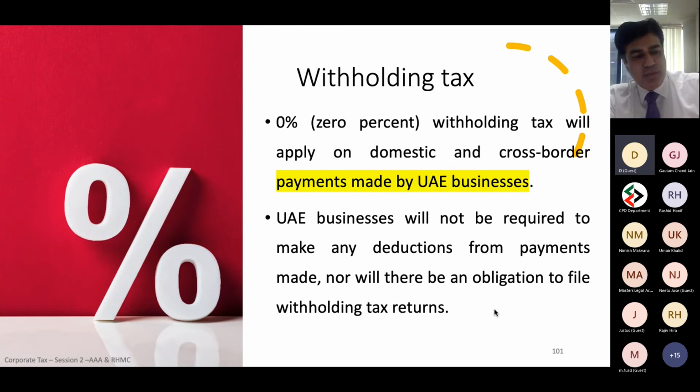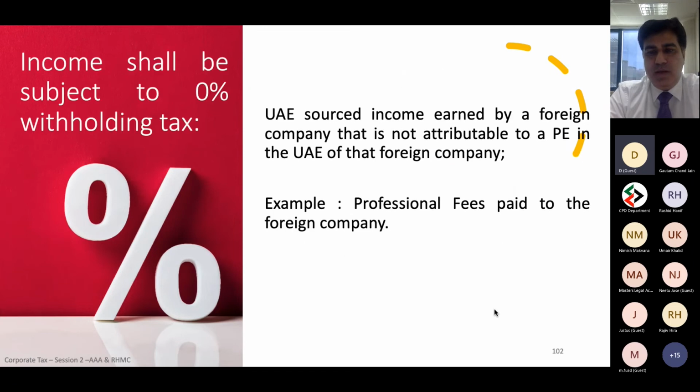In the previous Q&A, it was stated that withholding tax will not be applicable, but the clarification and further information which comes is that withholding tax will be applicable, but there's no obligation to file any withholding tax returns as a section. Some quick examples of the type of income which can be UAE source income of a foreign company that is not attributable to a PE in the UAE: the foreign company does not have a PE, but that entity earns UAE income.